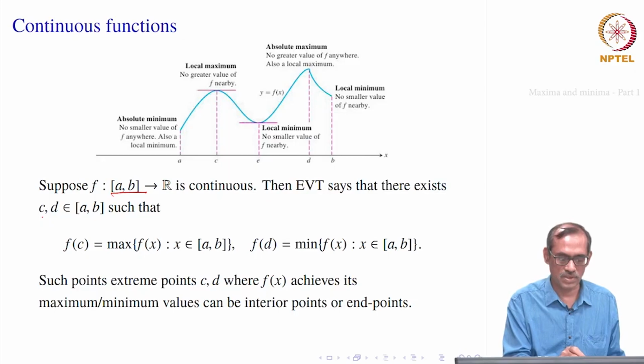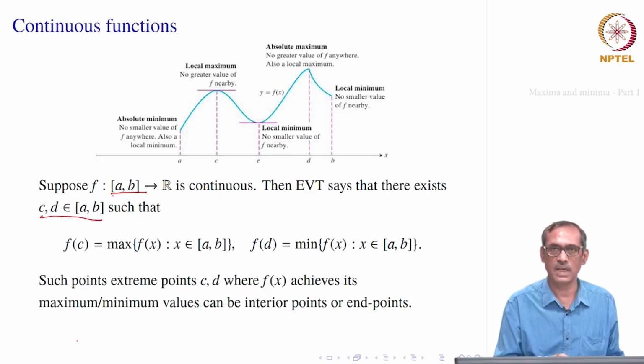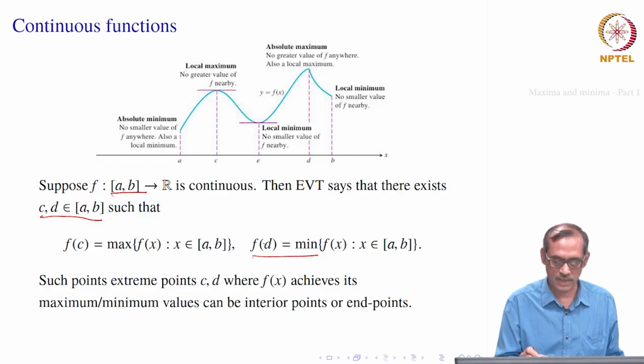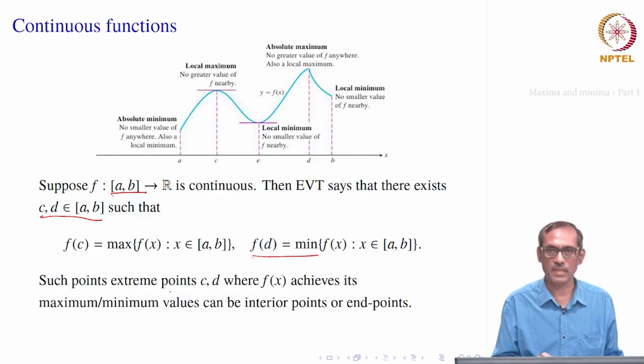So, there exist points c and d in [a, b] such that f(c) equals the maximum value of f(x), where x varies over the whole of [a, b]. Similarly, f(d) is the minimum of f(x) over the closed interval [a, b]. Again, such points c and d are the extreme points, and the maximum and minimum values are attained at these points.